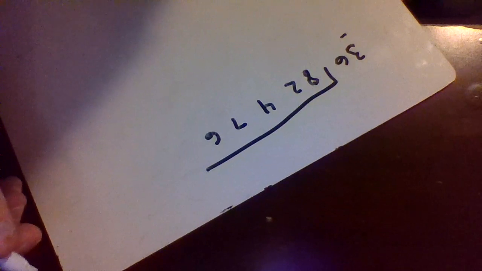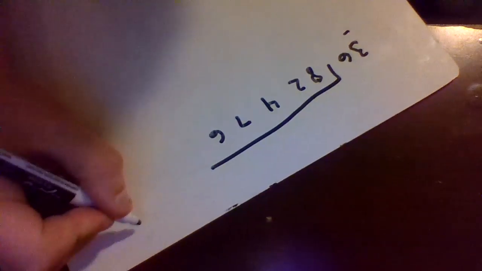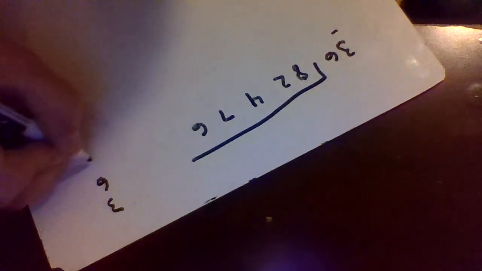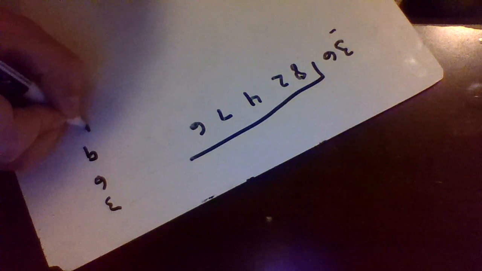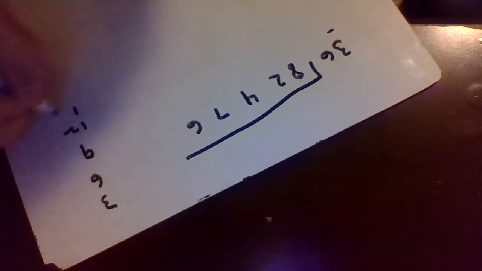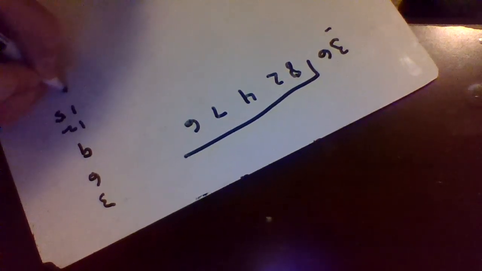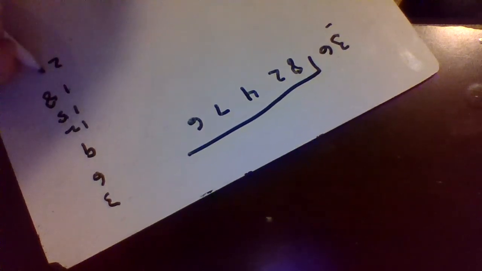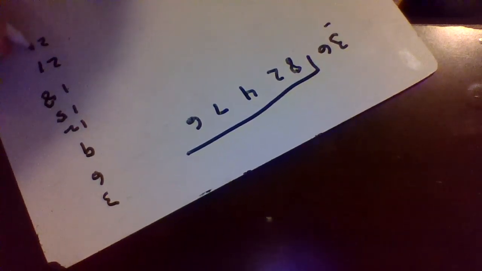So what I want to do is write our three multiples. 3 times 1 is 3, 3 times 2 is 6, 3 times 3 is 9, 12, 15, 18, 21, 24, 27.